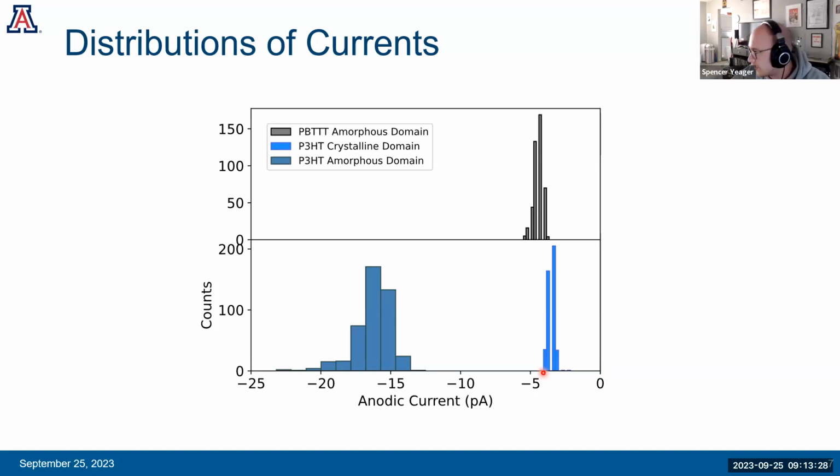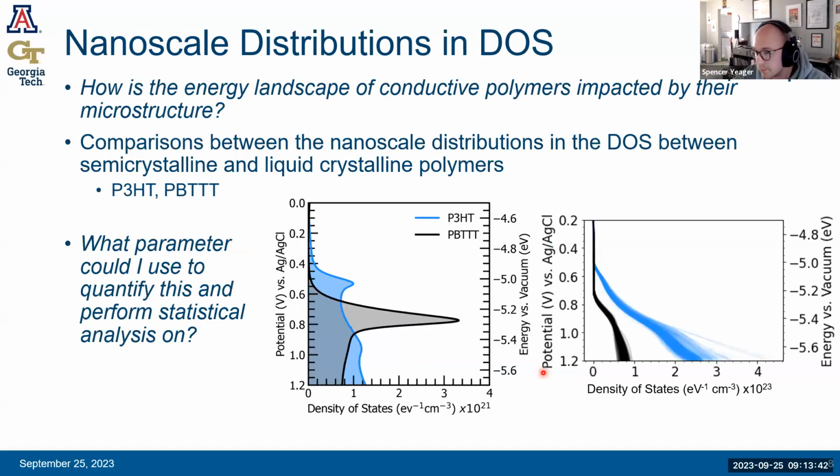So this is just current response. But what we can also do is approximate a density of states from the CV at both the macroscale and nanoscale and do some comparison there. That's the next thing I'm going to highlight.